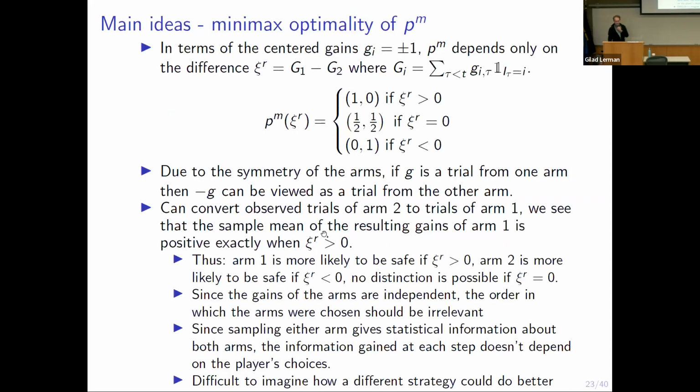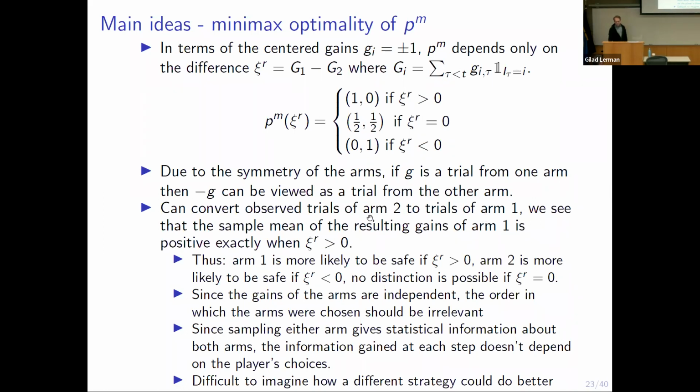The harder proof is that once you have centered, you still need to prove the min-max optimality. But the idea is that now you have symmetrized the arms. If G is a trial from one arm, then minus G can be viewed as a trial from the other arm, because of the symmetry of the distributions. So you can convert observed trials from arm 1 to trials from arm 2.